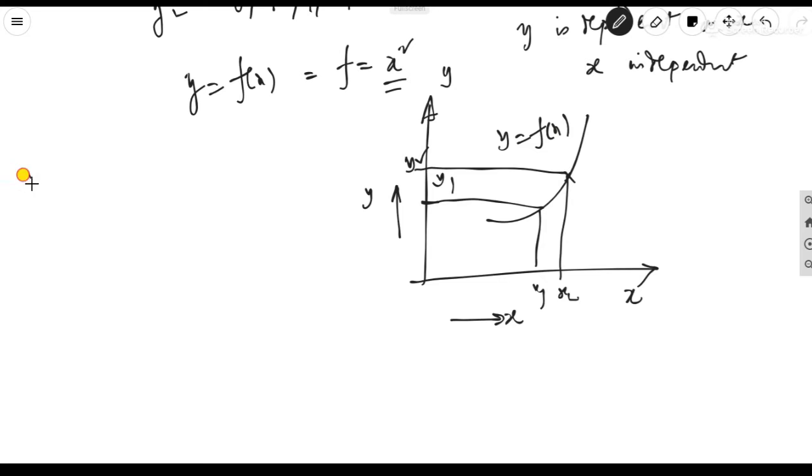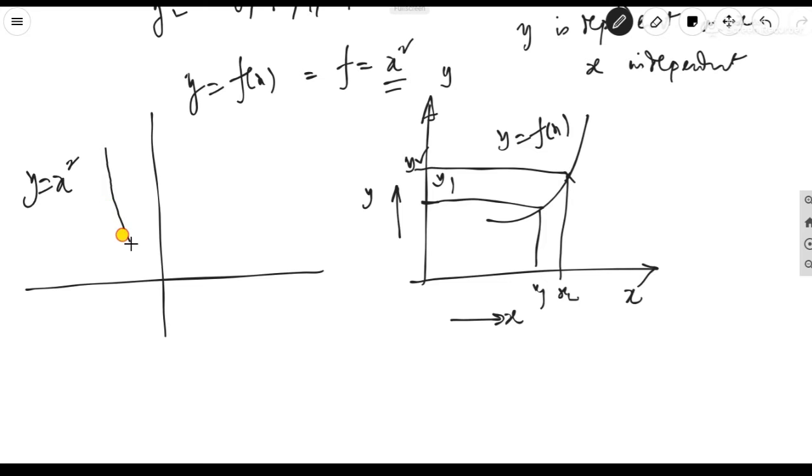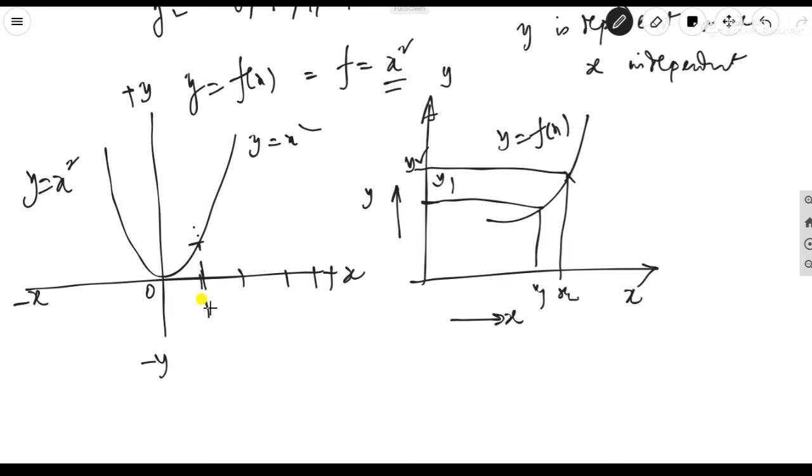So for y is equal to x square, how will it be? See, this is the diagram. This is y is equal to x square, and this is 0, and this is 1. This is the positive x-axis, this is positive y, positive x, and this is negative x, and this is negative y. So for every value of x, suppose x is 1, y is 1.